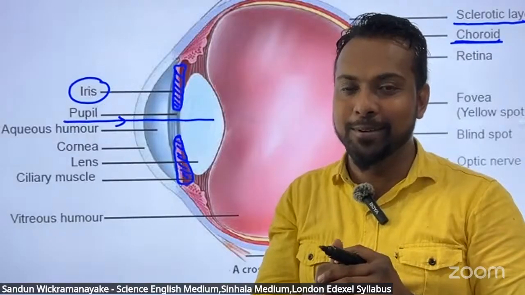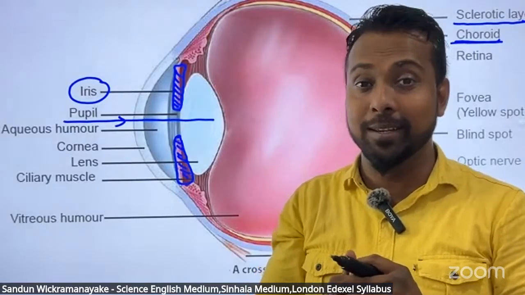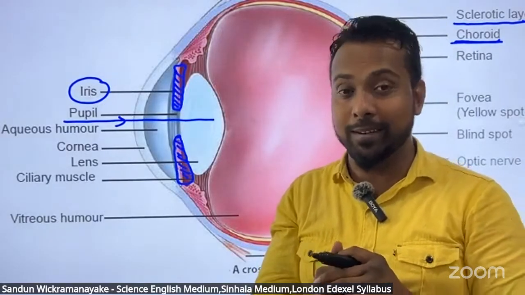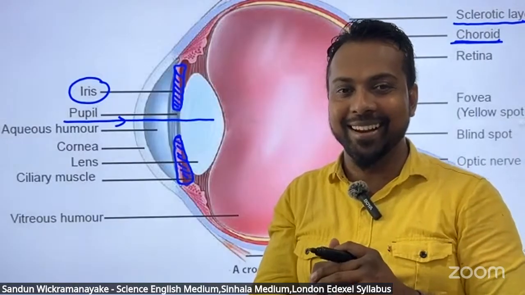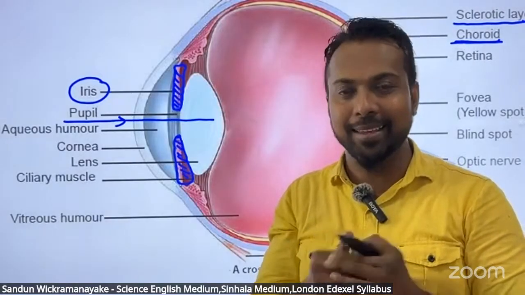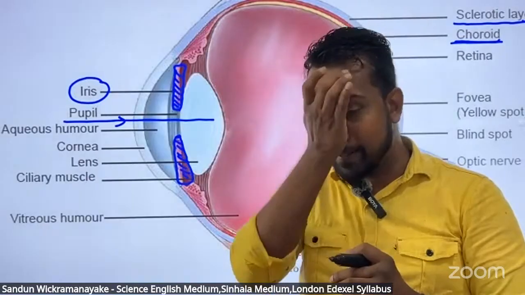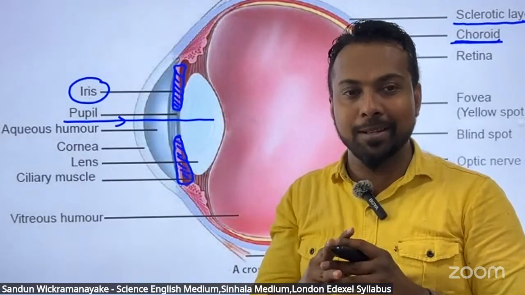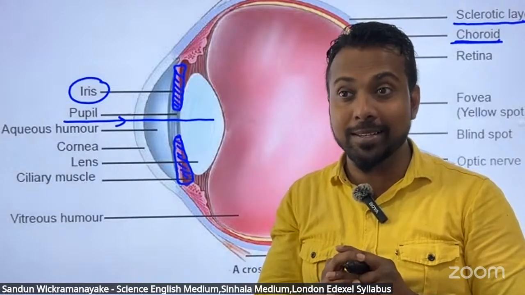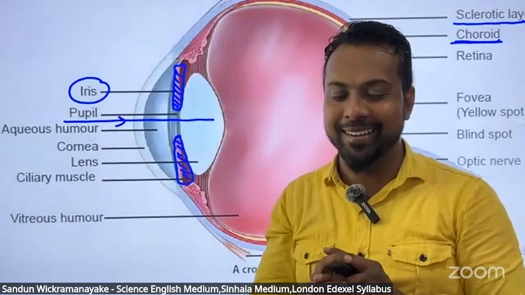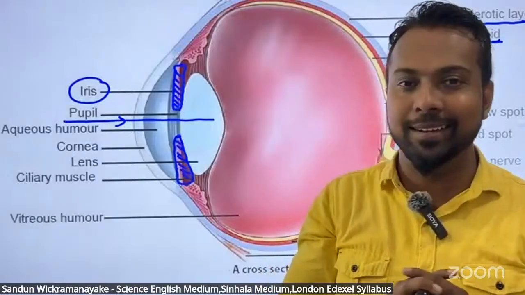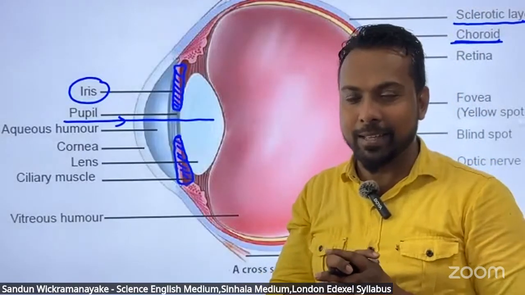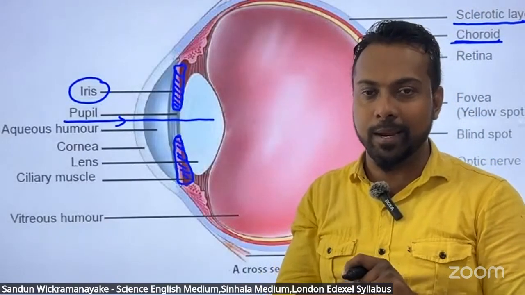We cannot do it using a human eye because it would be murder, right? We cannot take a human eye, but we can take some animal's eye to do that. So we can see it next week, right?